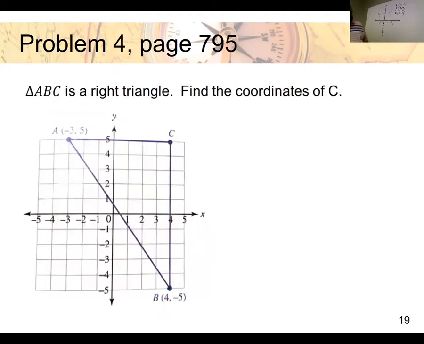Here we want to find the coordinates of C. And ABC is a right triangle. So here we just need the coordinates of C. So here's C right here. What would be the coordinates there?